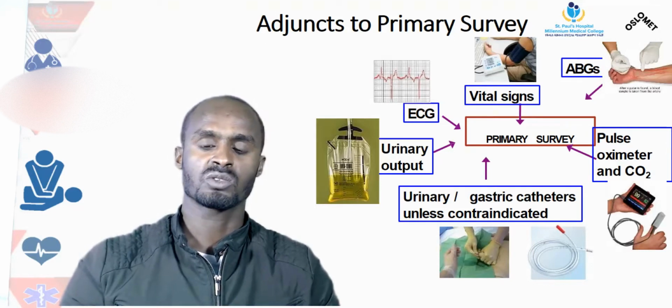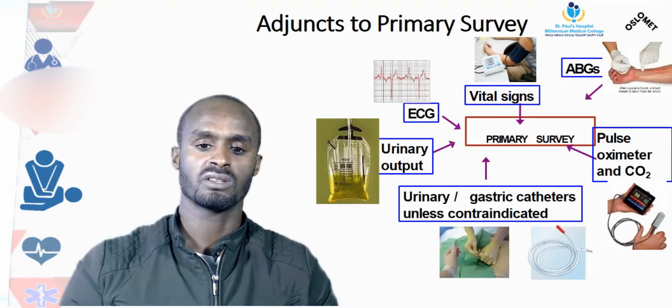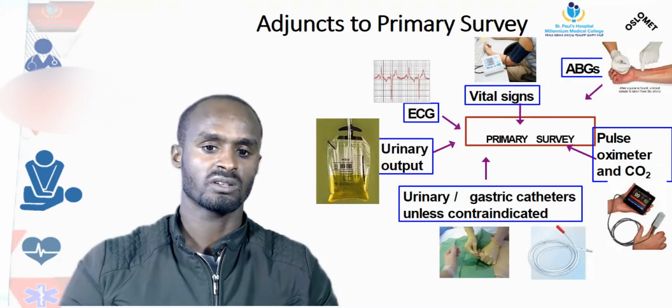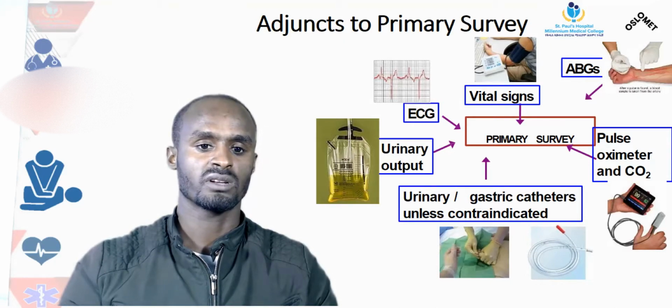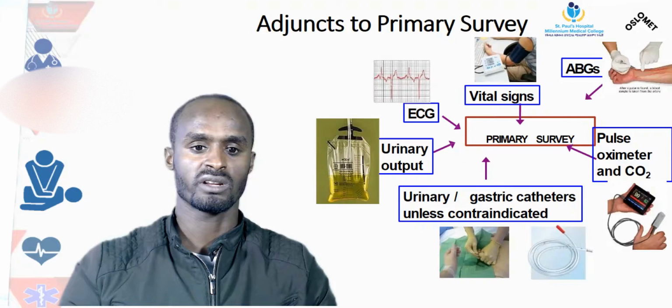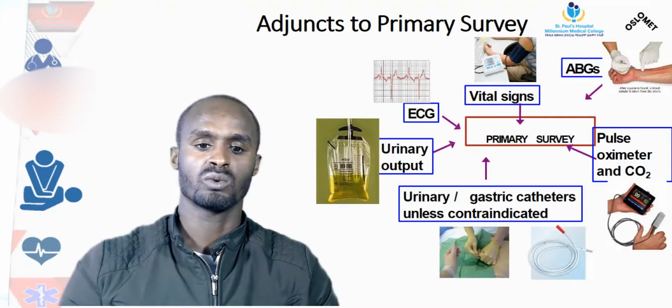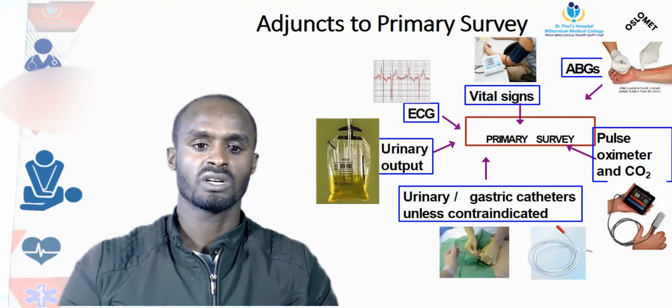We can use pulse oximetry and a carbon dioxide detector to know the patient's saturation and pulse rate. We have to assess the urine output through a urinary catheter, and we can apply a gastric catheter unless contraindicated. These are adjuncts of the primary survey.